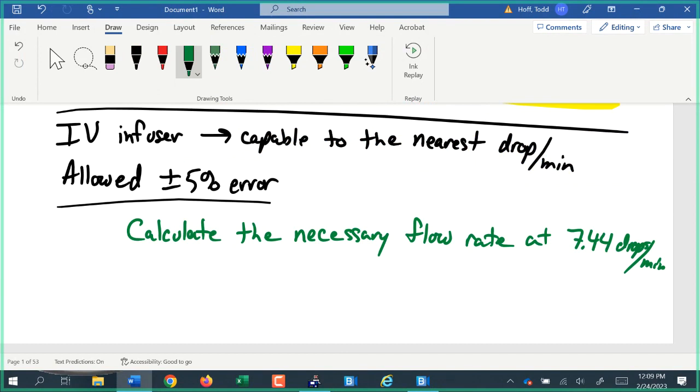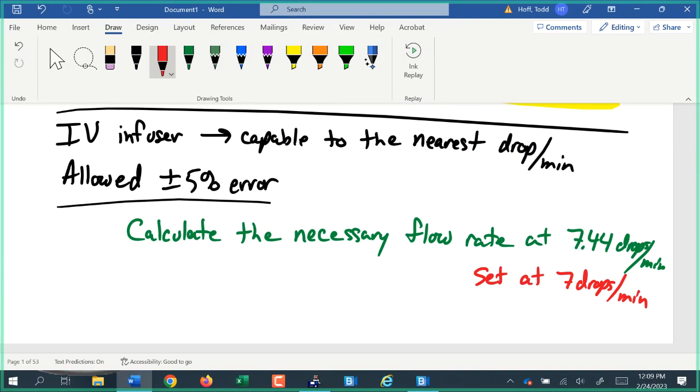Well, if we can only set this to the nearest drop, that means we would have to set it at 7 drops per minute. 8 drops per minute would be even further away from our calculated amount, so 7 drops per minute would be as close as we could get.